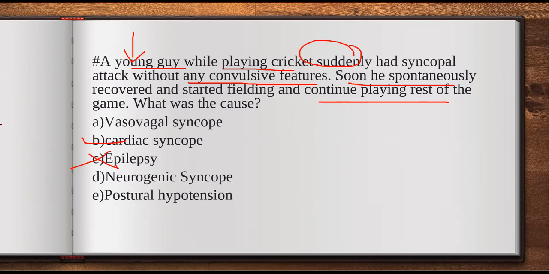Vasovagal syncope, if it was vasovagal, usually they would have some prodromal symptoms, which was not here. So it's unlikely to be vasovagal. So what's our answer? Cardiac syncope.